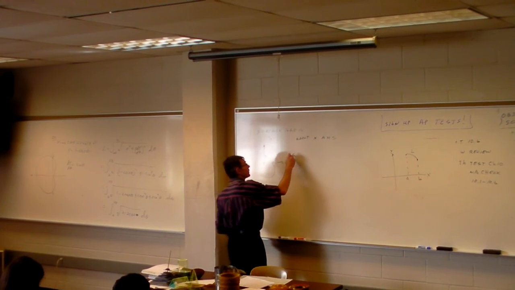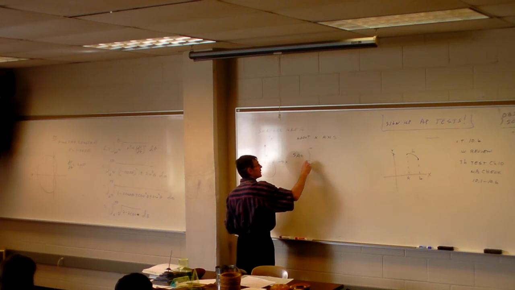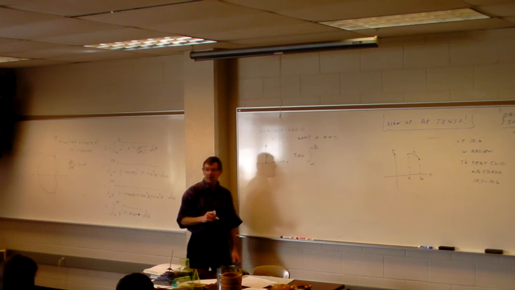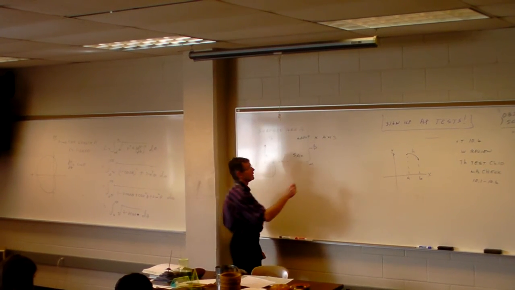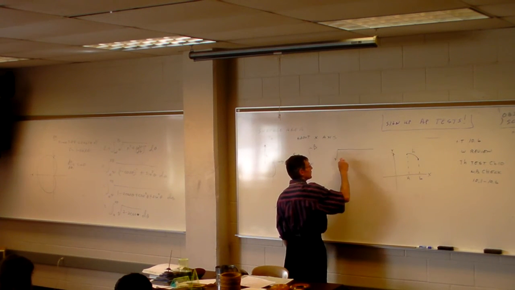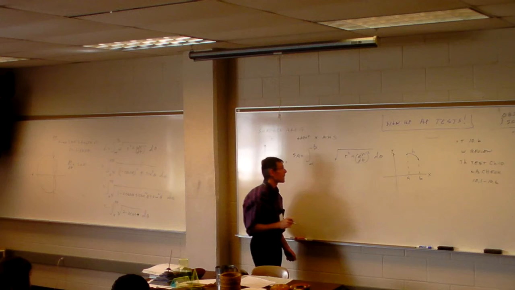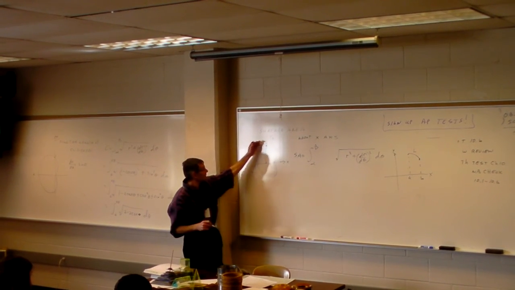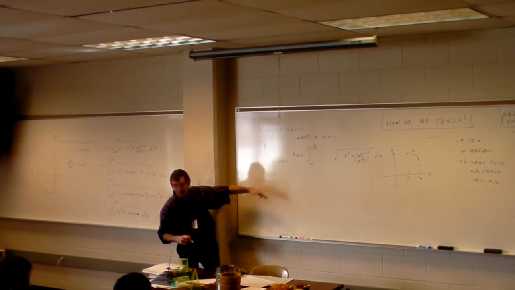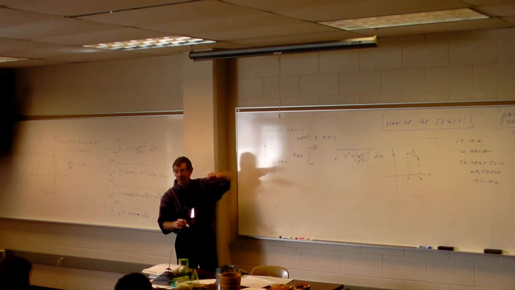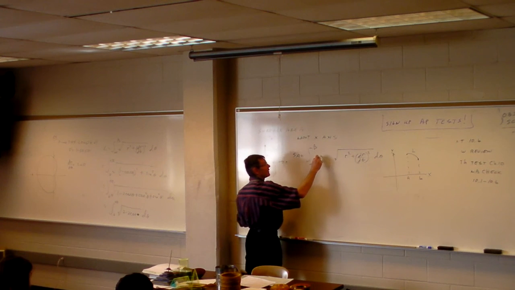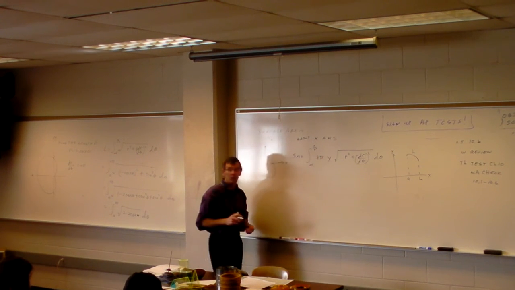Surface area about the x-axis is going to be the integral from alpha to beta of 2 pi times y times the length of the curve, which we've got, the square root of r squared plus (dr/d theta) squared, d theta.